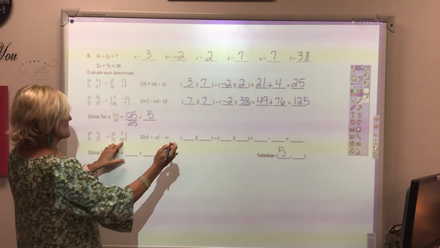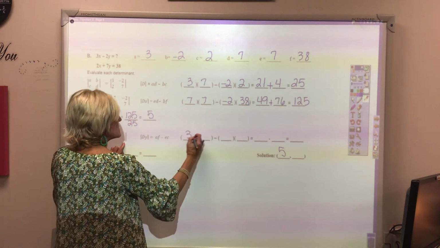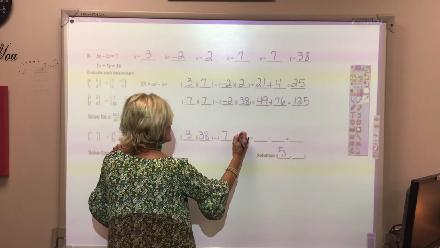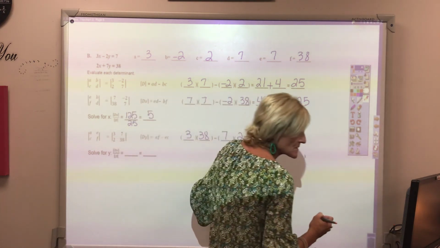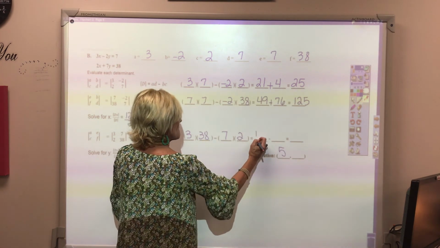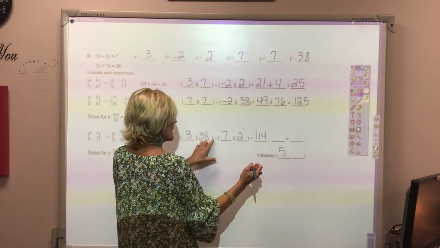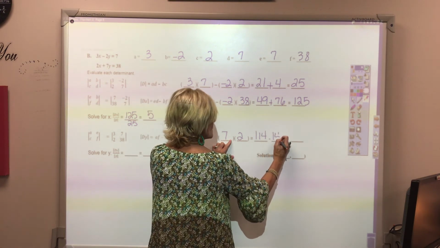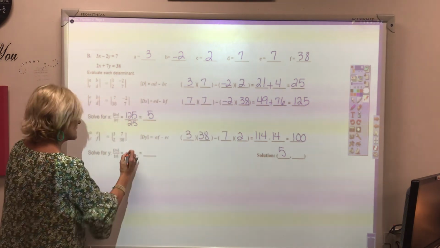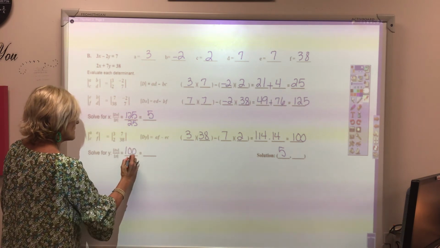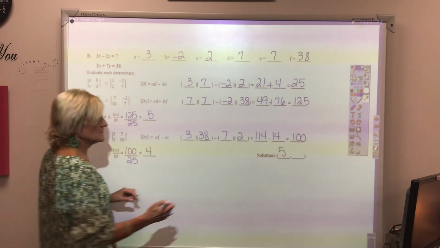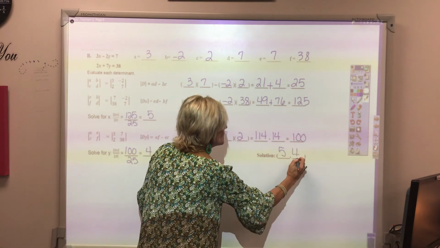So we'll take 3 times 38 minus 7 times 2, and 3 times 38 is 114, minus 14 equals 100. We take 100 divided by 25, and that gives us y is 4.